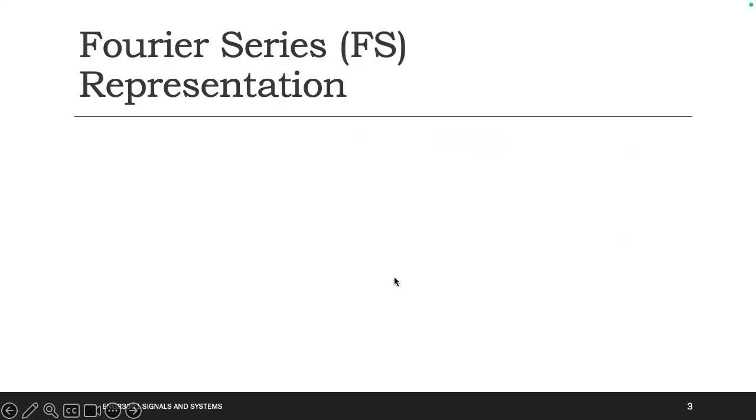Firstly, let's review the Fourier series representation. We usually call it FS representation. What do you remember?